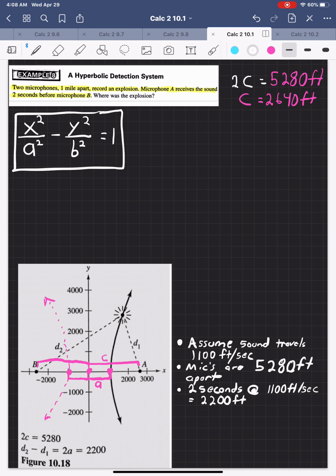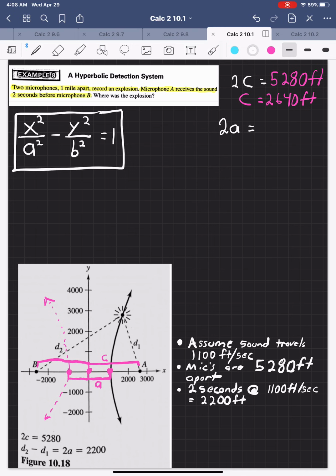So how do we put that to use? Well, 2a should equal what? Well, if microphone A received the signal 2 seconds before microphone B, then we can use that, since 2 times 1,100 is 2,200 feet, that tells us the distance between our vertices.